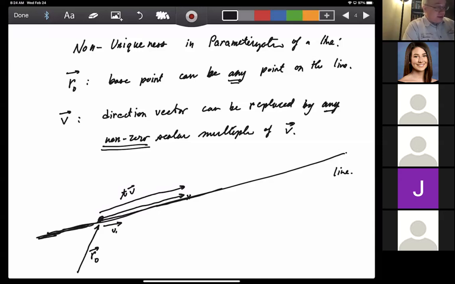Well, there's nothing special about this arbitrary point we chose to get onto the line. We could pick a different point on the line. So instead of R sub 0, let's call it S sub 0.